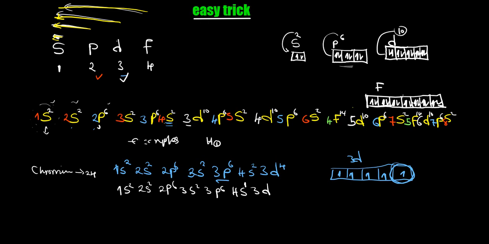So from 4 it has changed to 5. This guy has donated 1 electron, so that this guy can stay like this, with all the orbitals at least half filled. All right, so this is now the electron configuration for chromium.